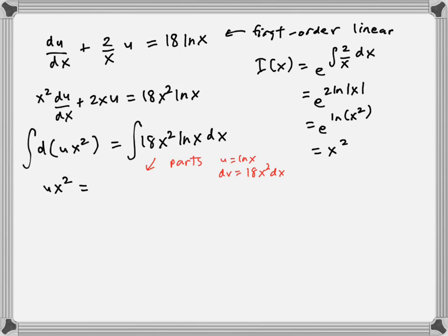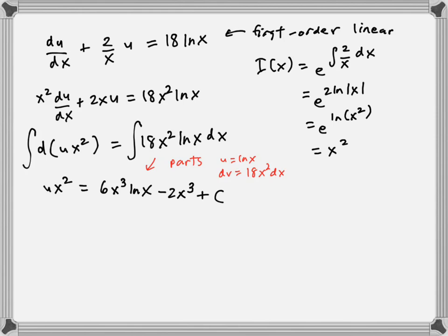You guys can work that out on your own. And so we end up with the following: 6x cubed ln x minus 2x cubed plus c. At this point, we're not quite done because we need to replace our u.